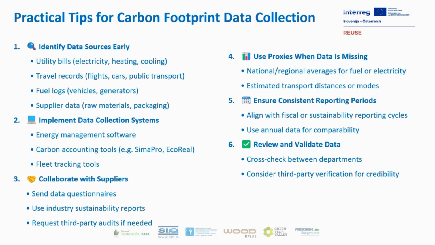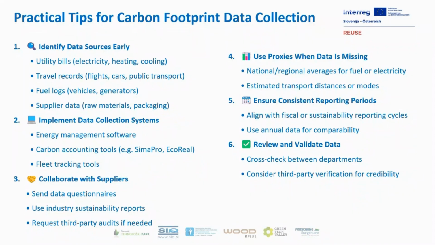So first, identify data sources early. Start by mapping out where our emissions-related data is coming from across the organization. This is a very important step. And this must include utility bills, especially for electricity, heating, and cooling. This is important for Scope 2.